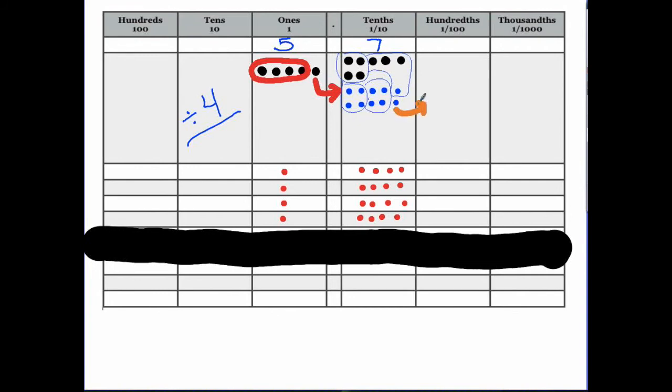But I don't have anything there. So what do? Go ahead. Draw 10 dots. Now what do? 16. Now what do?